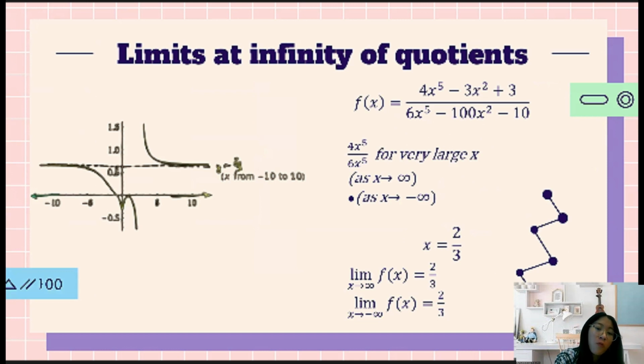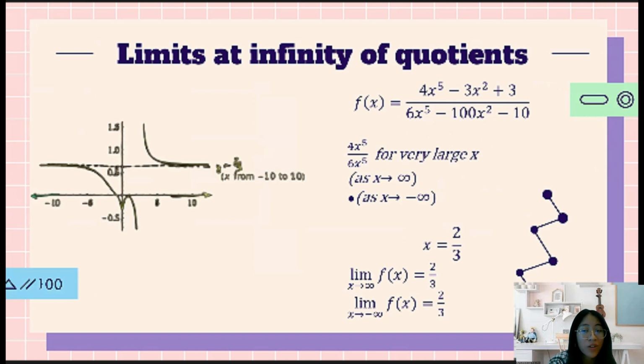There is no easy way to do this directly. You could plug in larger and larger numbers for x and see if it is approaching some value. Or you could reason through this, thinking about the behavior of the numerator and denominator as x gets very, very large.